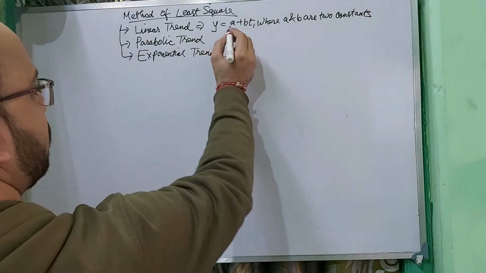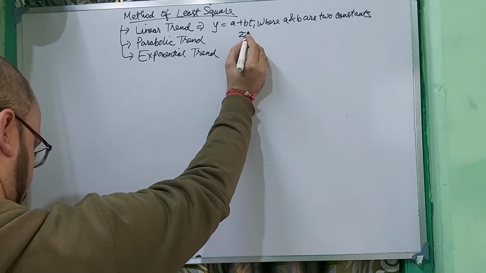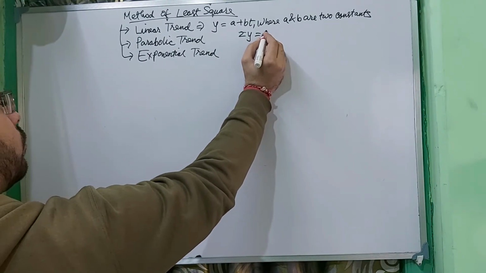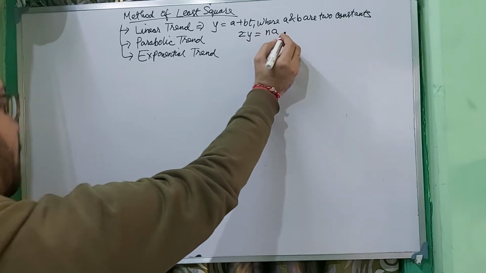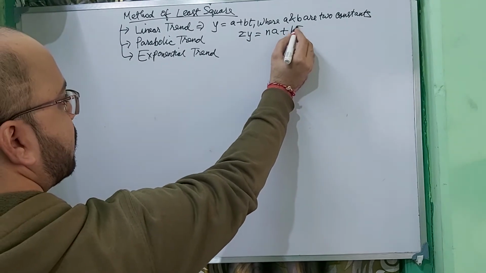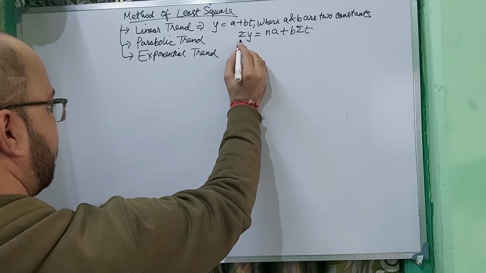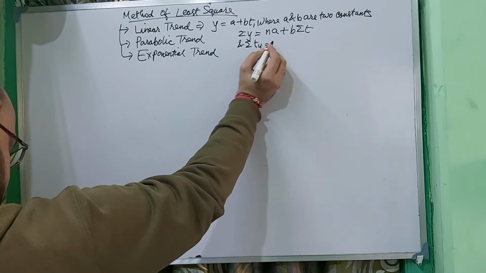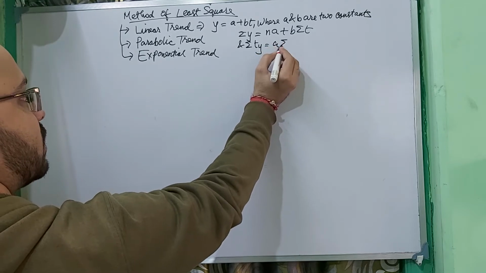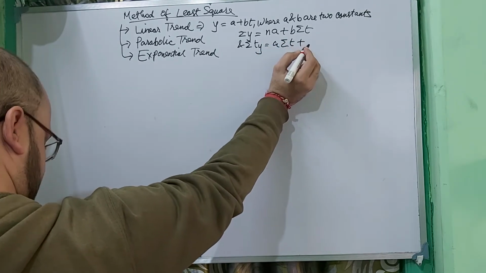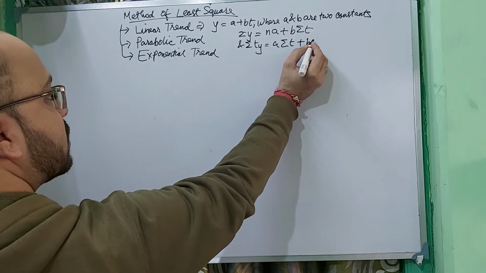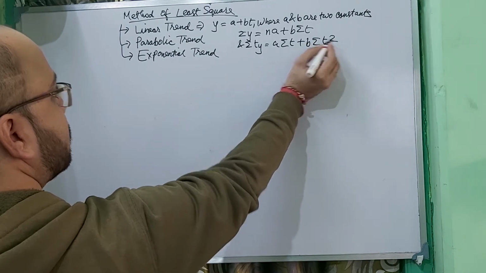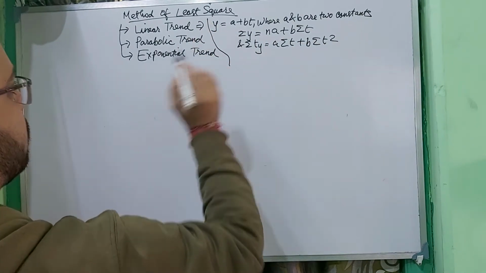The normal equations are summation y = na + b summation t, and summation ty = a summation t + b summation t square. This is the linear method.